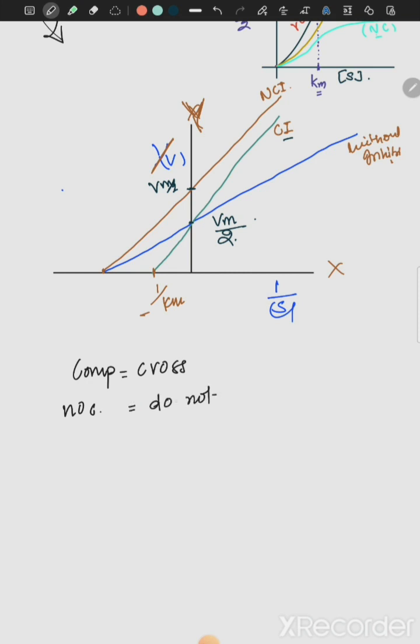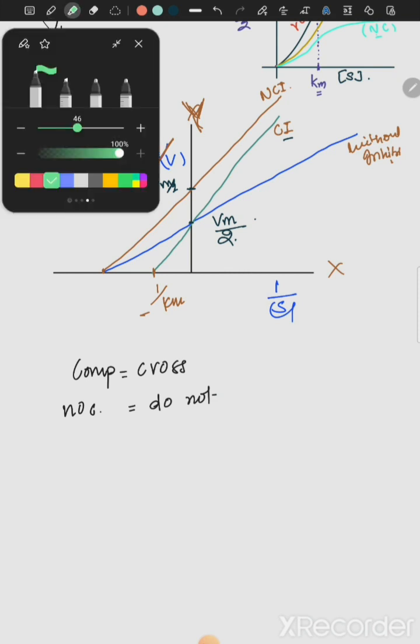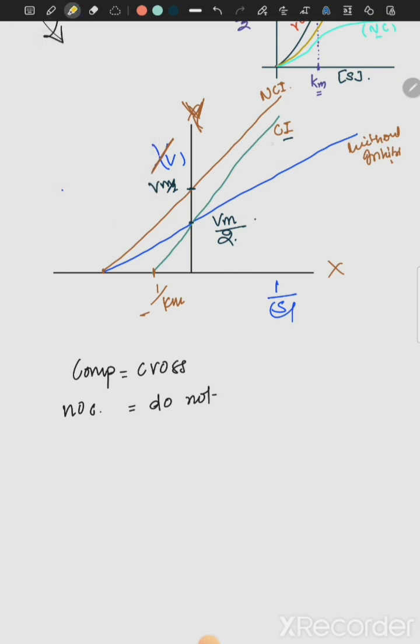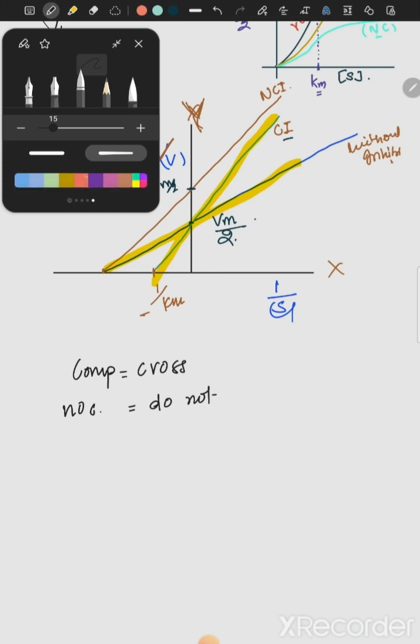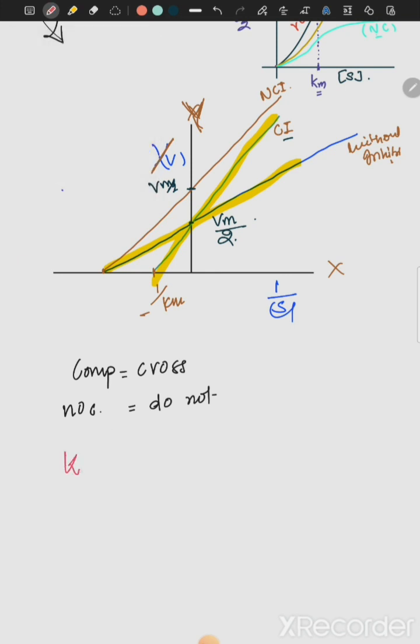So you can see that in the given graph, competitive inhibition, it crosses. Okay, next trick to remember, that competitive inhibition increases Km.